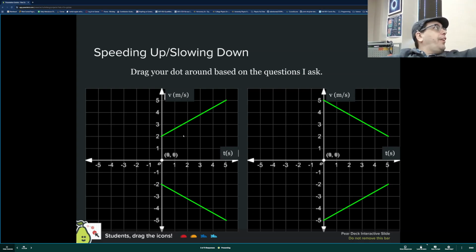So this one, we know it's speeding up. Is the sign of velocity positive or negative? Positive, right? These are all positive values, positive 2, positive 3, positive 4, positive 5. Acceleration, is it positive or negative? Positive.